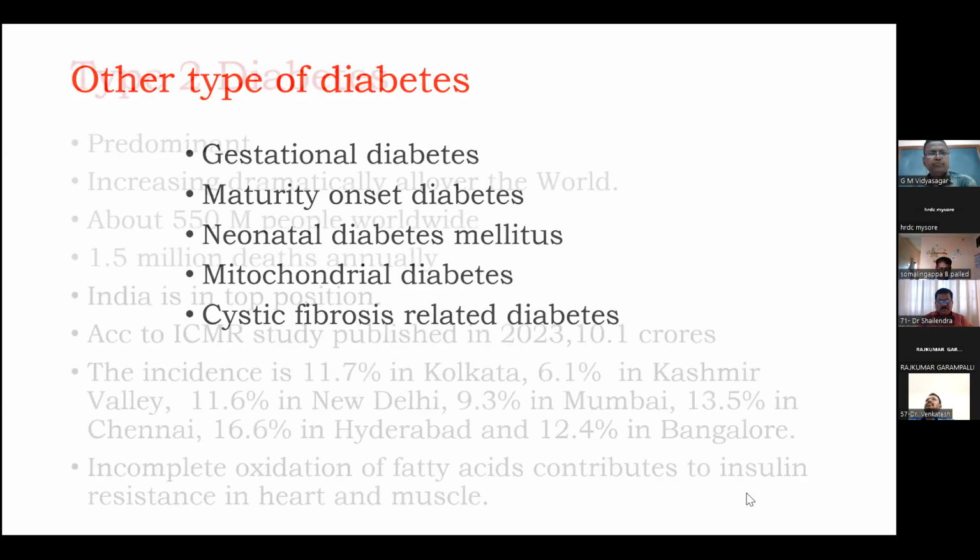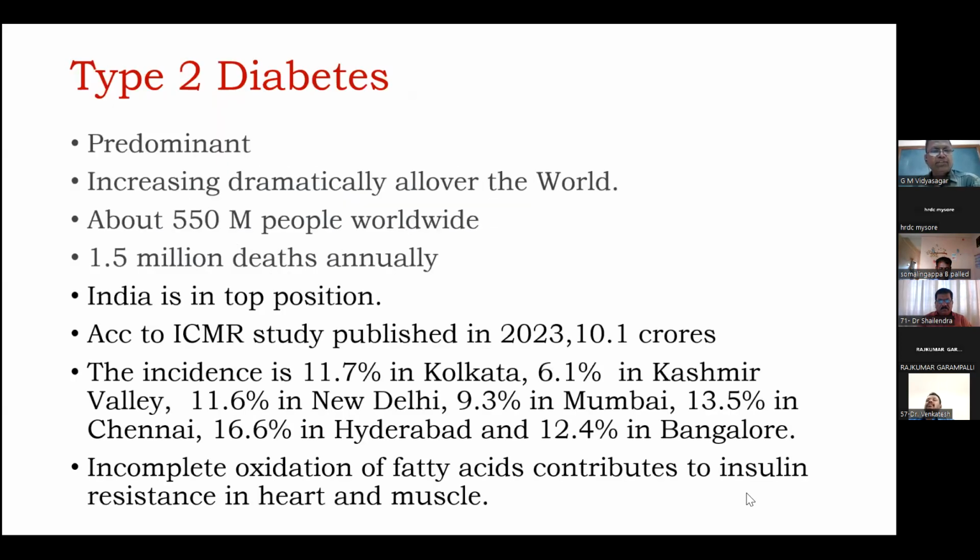The second diabetes, which is very predominant, is increasing dramatically all over the world. Today, about 150 million people worldwide are affected, and the majority are from lower middle income countries.